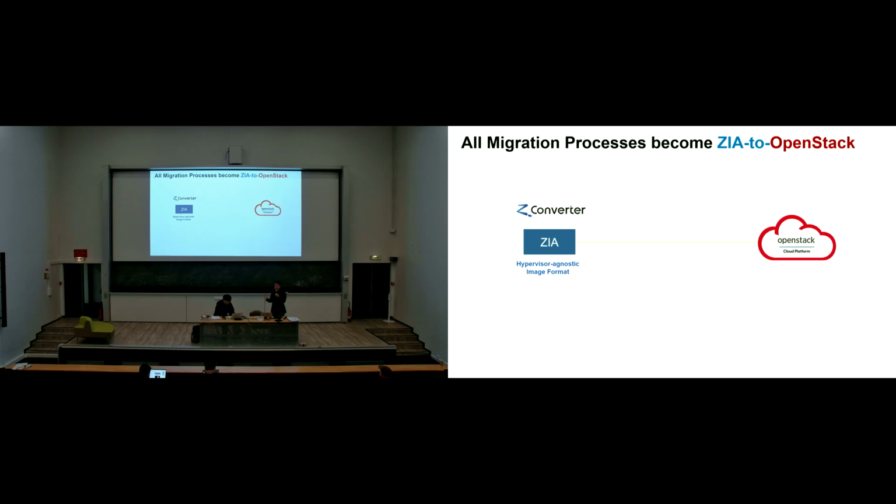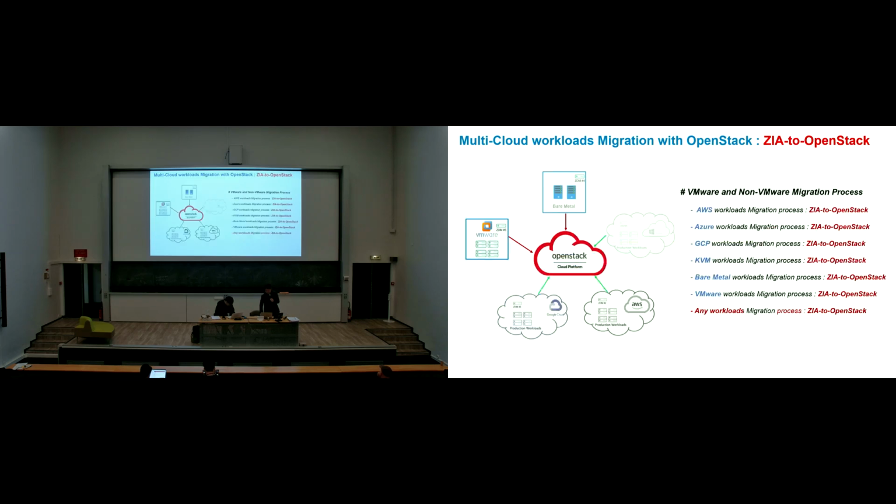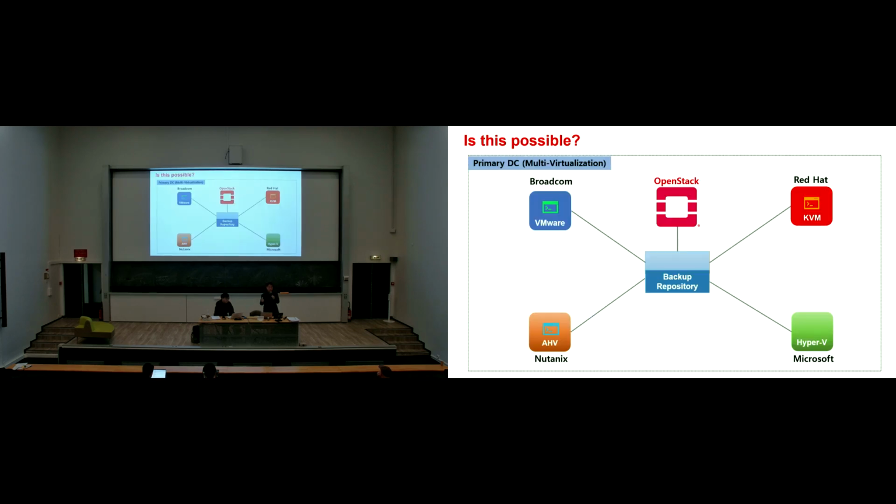We guarantee a migration success rate of 99.9%. Anyone from AWS, Azure, GCP, or bare metal machines, migration to OpenStack becomes ZIA to OpenStack. Simple and easy. This process is like a backup and recovery process. Back up in ZIA format and recover to OpenStack, QCOW2.